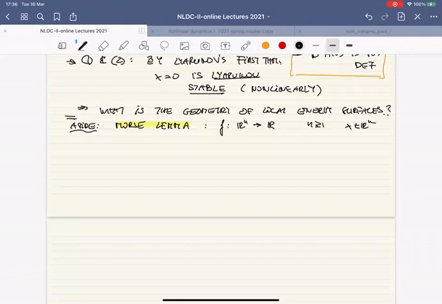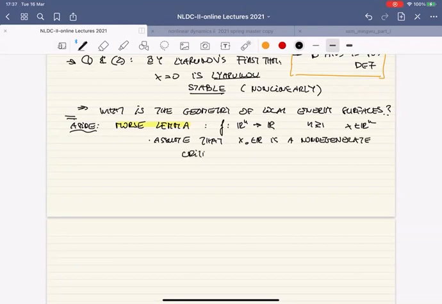So assume that there's a point x naught, and assume that x naught is what we call a non-degenerate critical point of f of x.